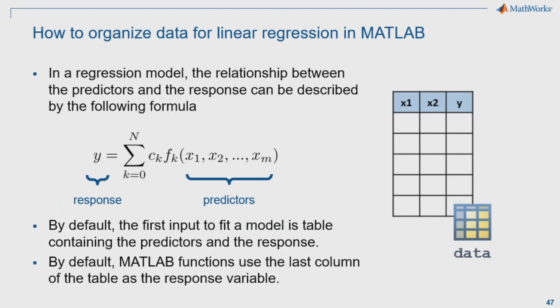So essentially, a regression model is a relationship that can be expressed approximately like this, as a function f in general of the predictors, weighted by certain coefficients c, which are summed together, so there is a linear combination, and the outcome is your response y.